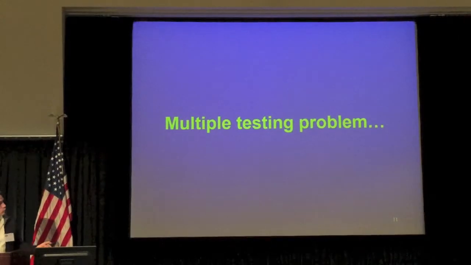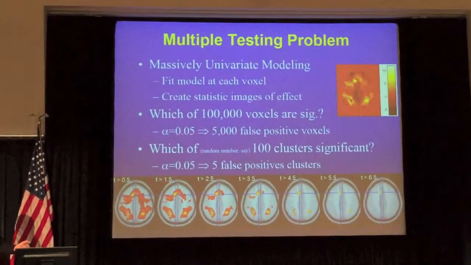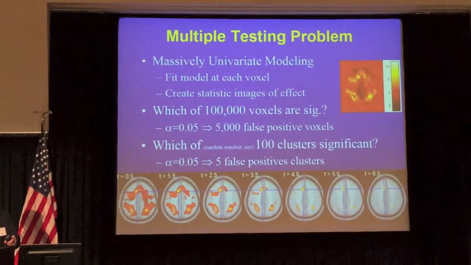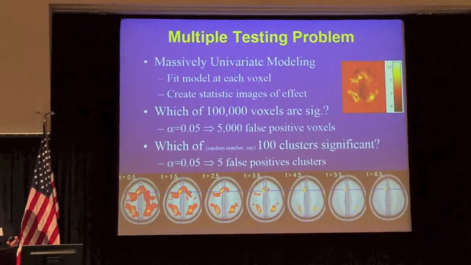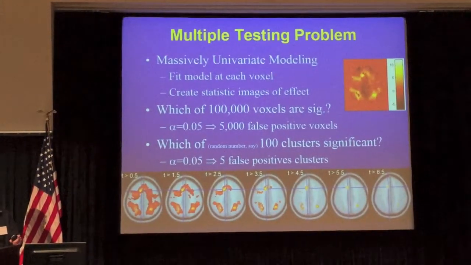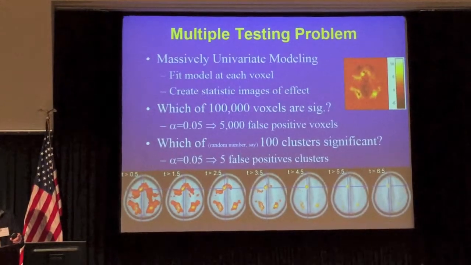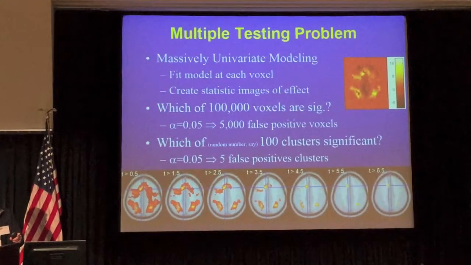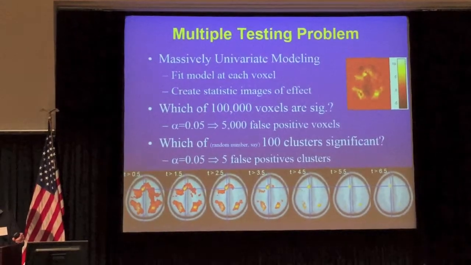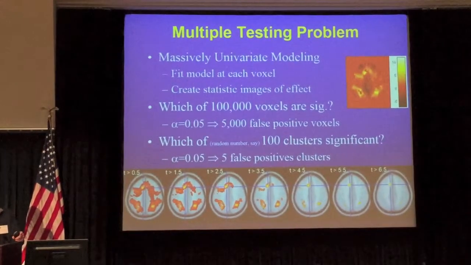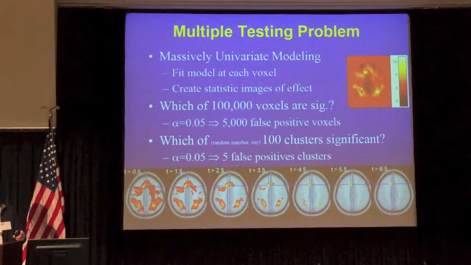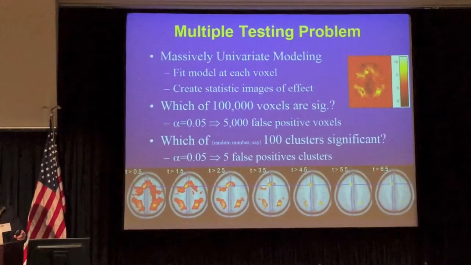Now let's come to the multiple testing problem. This is a fundamental problem for the neuroimaging field because we perform massively univariate modeling, because we fit a model per each voxel and then create a statistical image of the effects. And if we have 100,000 voxels that are entering the model, by pure chance 5,000 of them will be falsely positive voxels with false positive significance.